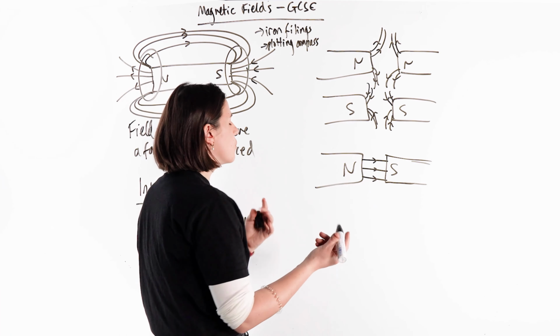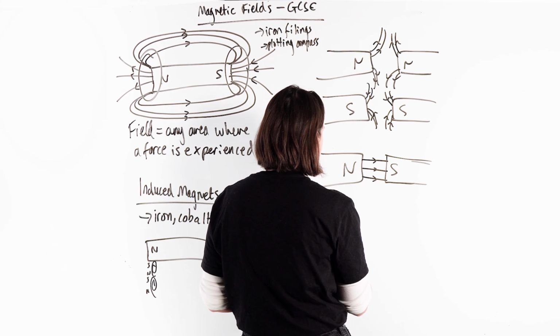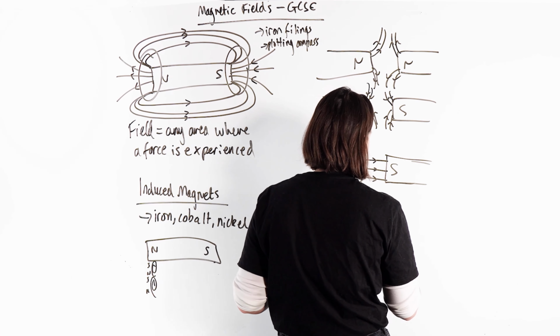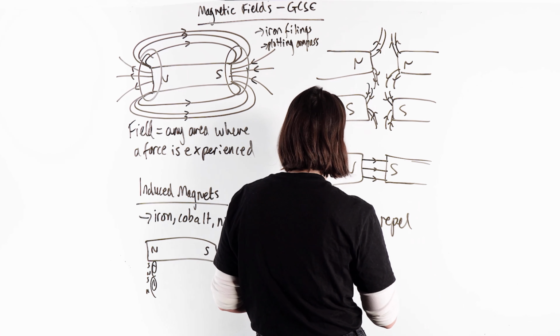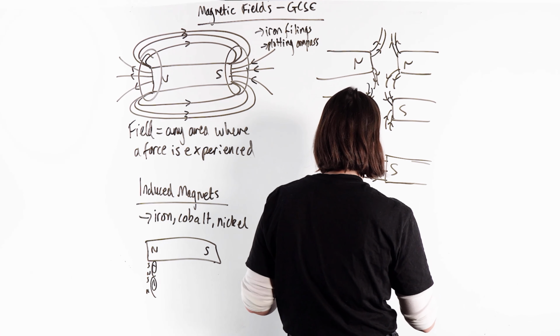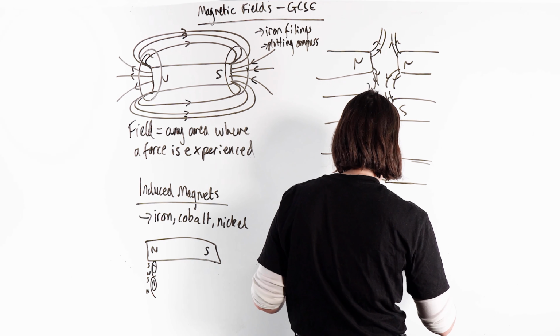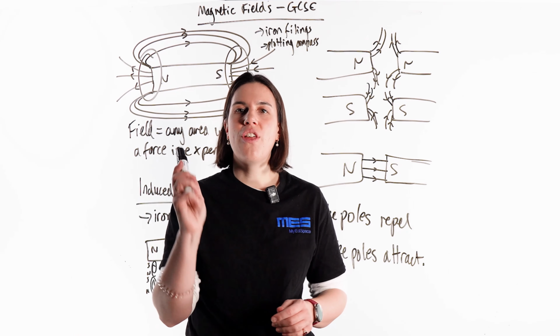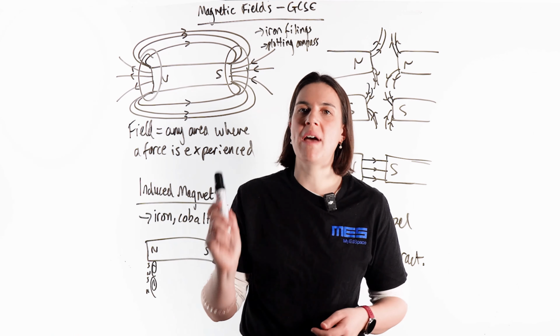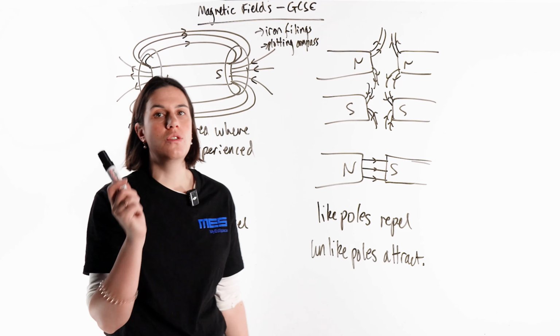So our overall rules of magnetism are that like poles repel and unlike poles attract. And there you go. That is our basic rules of magnetism and magnetic fields done for you.